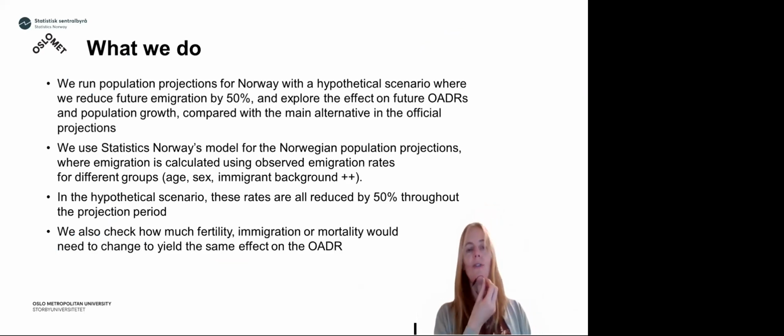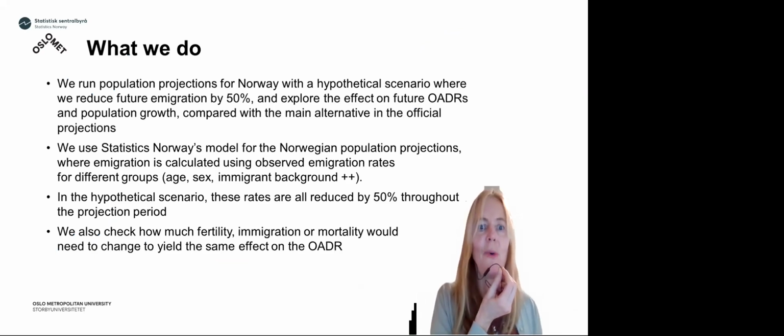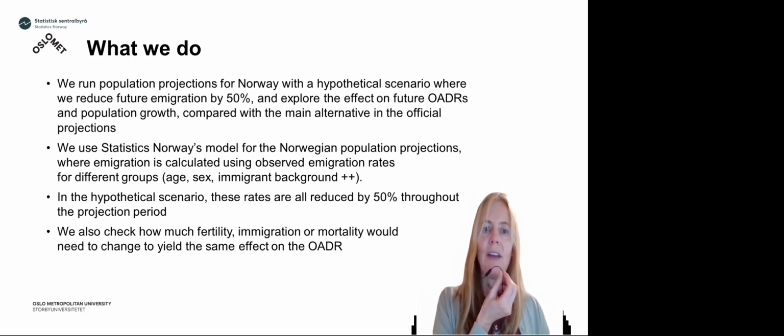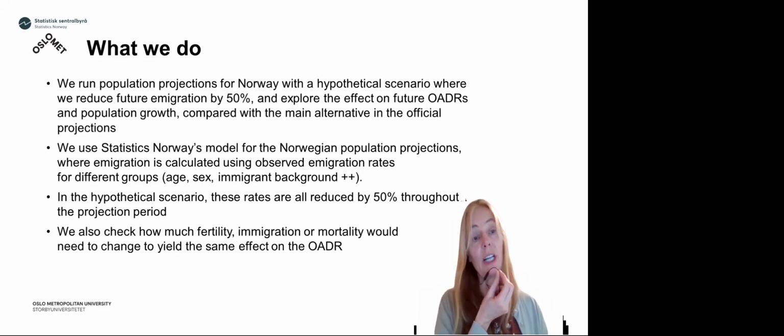So what we do is to run the population projections for Norway with a hypothetical scenario where we reduce future emigration by 50%. And then we explore the future effects on the old age dependency ratios and population growth compared with the main alternative in the official projections.